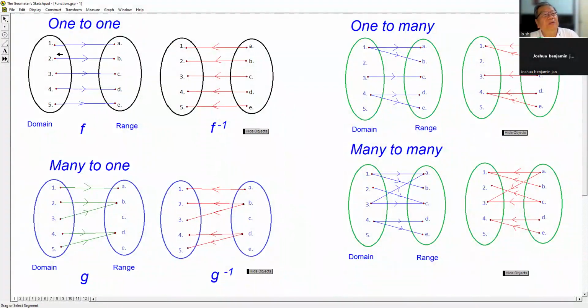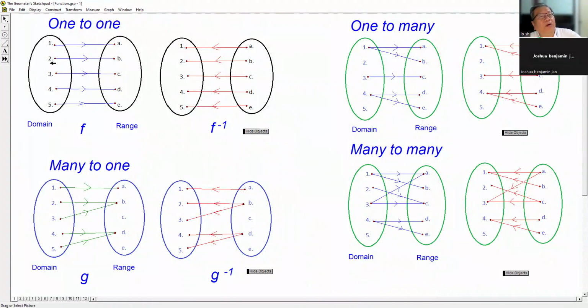For example, 1, after undergoing a certain function called f, the answer will be A. And there should only be one answer. If the 1 there has two answers on the right-hand side, that means it is not a function. I'm going to explain further, right?